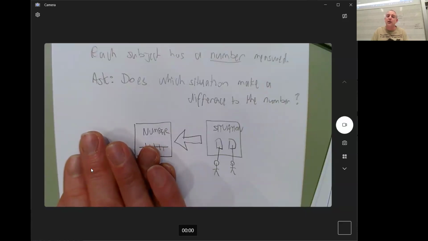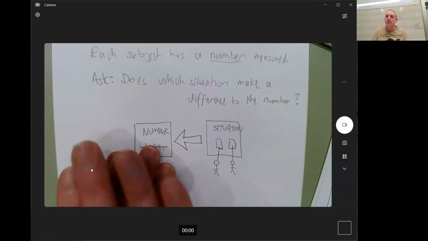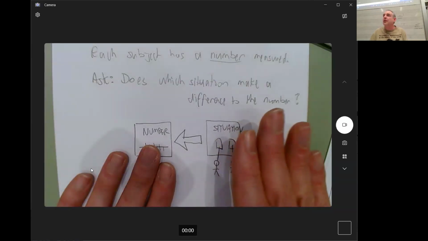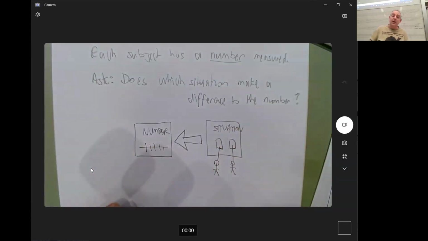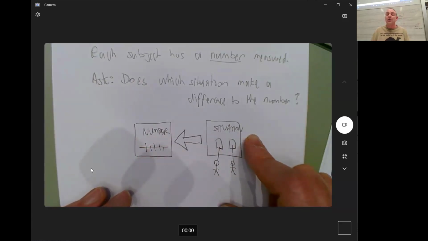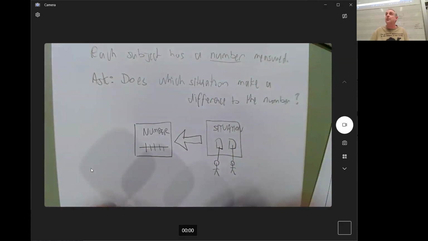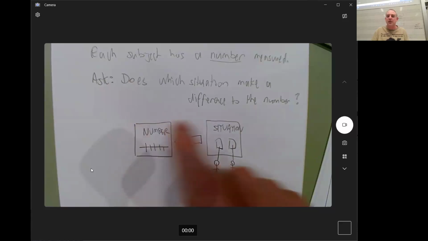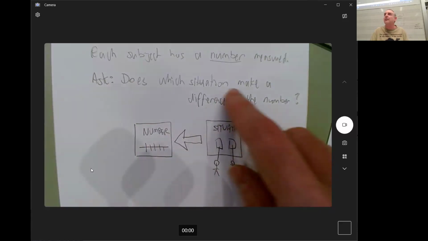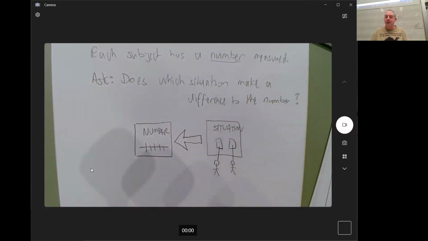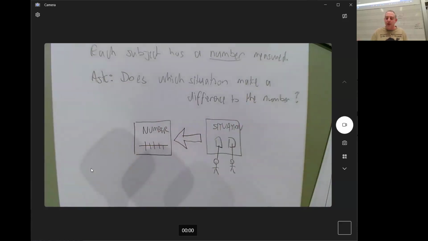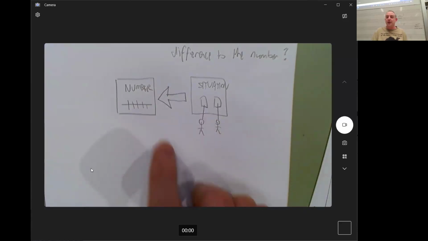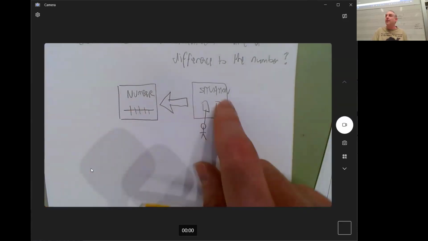It can only tell you whether it seems to be that the numbers are different when the situations are different. Because it could be the other way around. It could be that what number you have is what's causing the situation to be different, because you might not have put people in this situation. You could have just recorded them, because this could be like your blood pressure at age 50, and this could be whether you have a heart attack by age 70. And this is what causes that, but whatever. But that's fine. We're still going to do it this way, because we're going to try and predict this number from this situation.